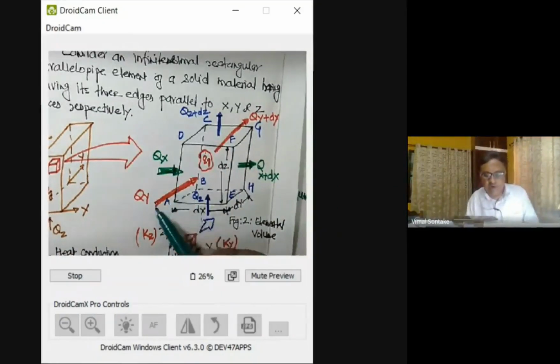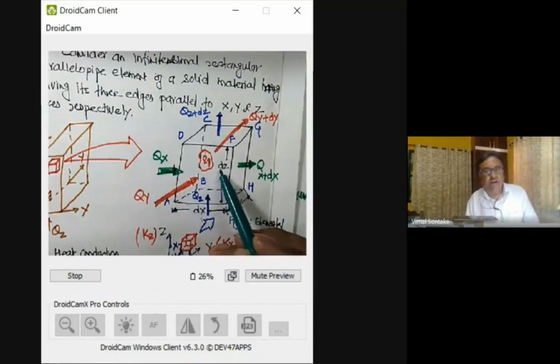Similarly, I can find qy stored due to heat flow into or out of this element in the y direction.